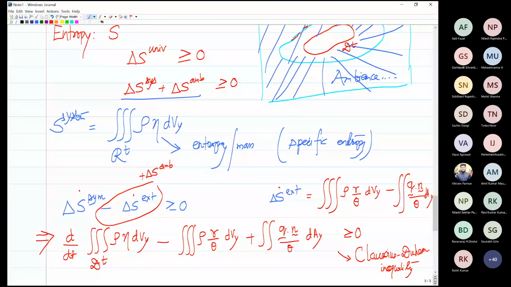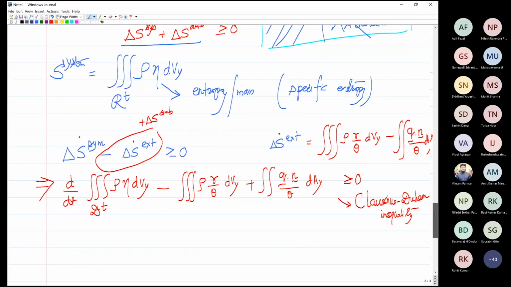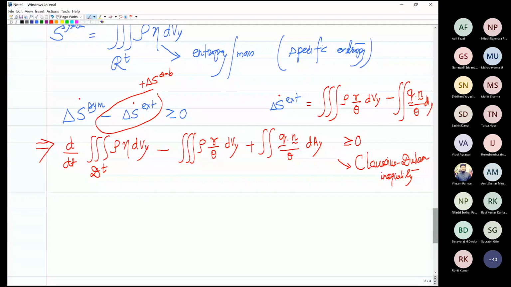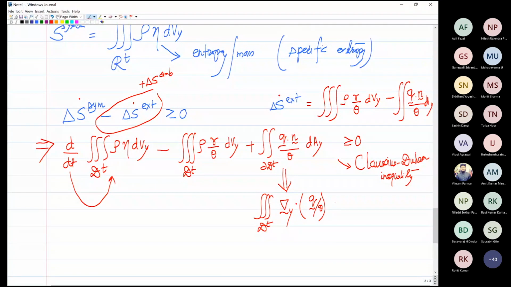Obviously, the next thing now is to bring this d/dt inside and change the surface integral to the volume integral. This is obvious to us now. We have divergence of q by theta dv, and you only get a dot over eta.